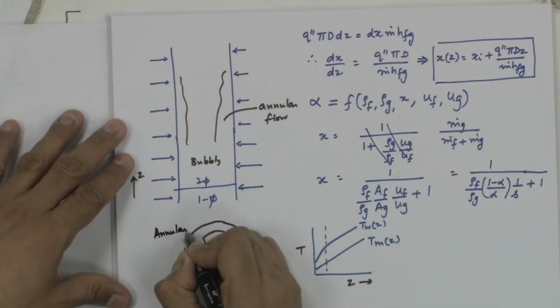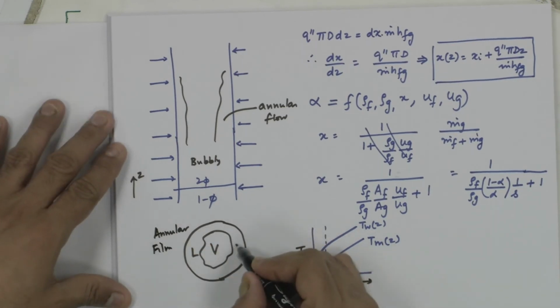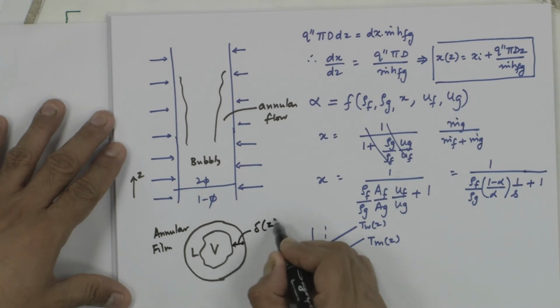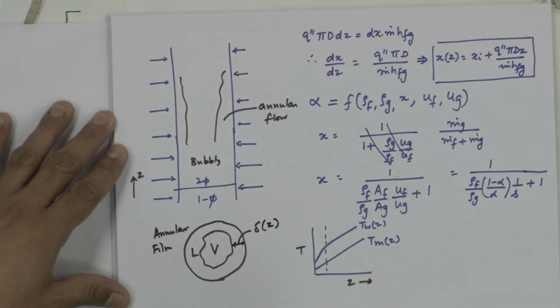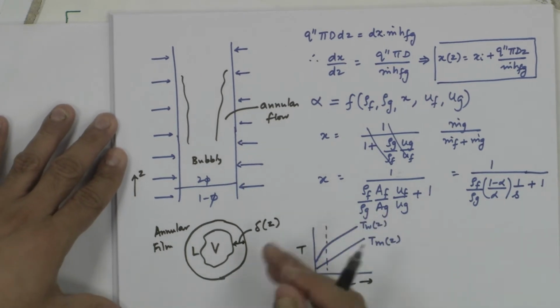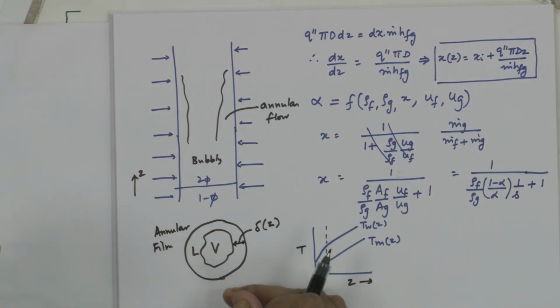Annular flow is conventionally represented like this. Annulus, that is why annular flow. This is the thickness of the liquid film. This is not constant. This is not constant even as a function of theta. So, it could be any particular thickness at any location. It could change, it is going to change with flow direction.